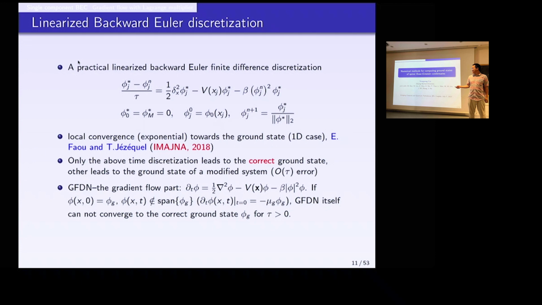Then when you do the projection back, because this projection is simply a scalar multiple of the state phi star here, once you follow this nonlinear dynamics, the solution will never come back exactly to the initial ground state.